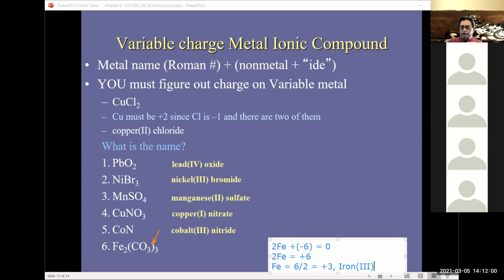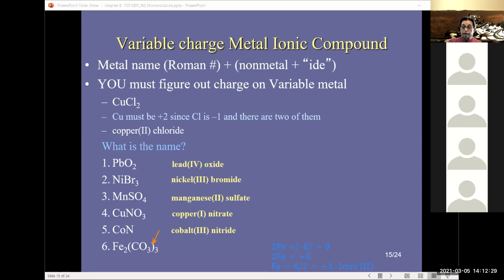So I set up my equation, 2Fe plus -6 equals 0. I solve for iron. That tells me that each iron has a +3. And it makes sense. Plug the +3 back into the first equation of iron: +3 times 2 is 6, minus 6 equals 0. There it is.